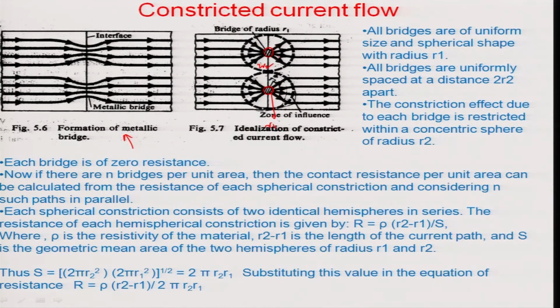Okay. So, we can easily calculate the contact resistance, and this comes from the electrical engineering theory of contact resistances between surfaces, which I am not going to go into.